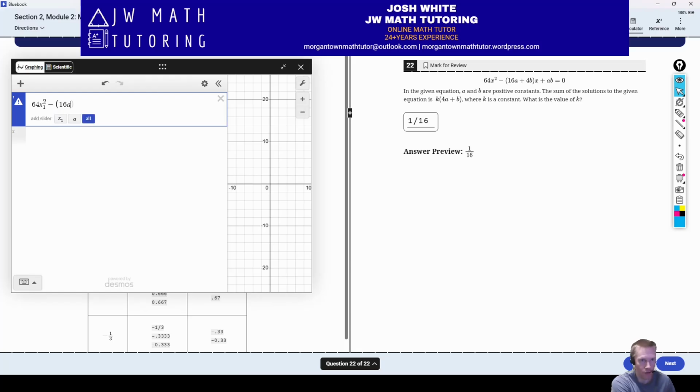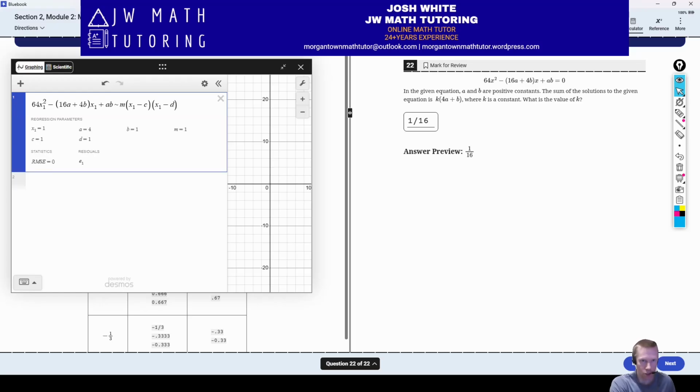I'm going to type the whole thing into Desmos, except I'm going to do a regression statement, so every x needs to be x1. And then I'm going to do regression with this to a quadratic that's in its intercept or factored form. So because I can't use a and b here, I'm going to use c and d to represent the two roots or the two solutions.